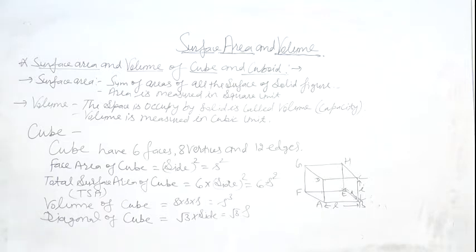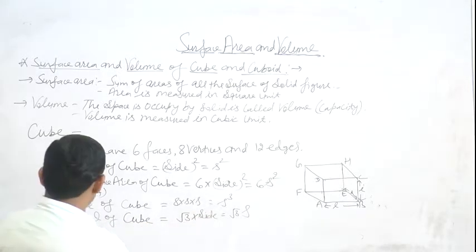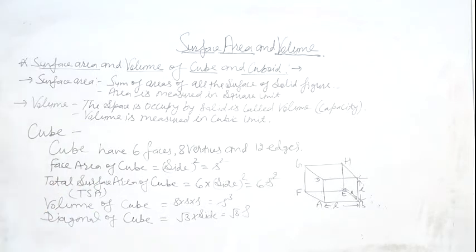Volume of cube is side cube, and diagonal of cube is root 3 multiply side. So these are some formulas related to cube and cuboid. So the difference of cube and cuboid is clear.